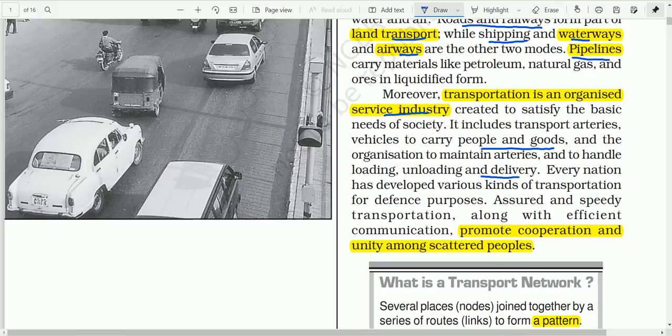So all these transportation systems require a network of roads or a network of other means, let's say pipelines, and at the same time we need human power to organize and manage it. And assured and speedy transportation along with efficient communication promote cooperation and unity among scattered people. So it tells the importance of transportation in the present day world.